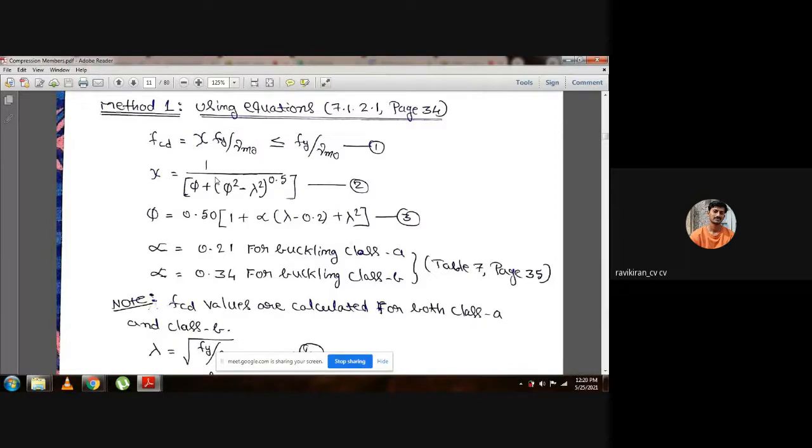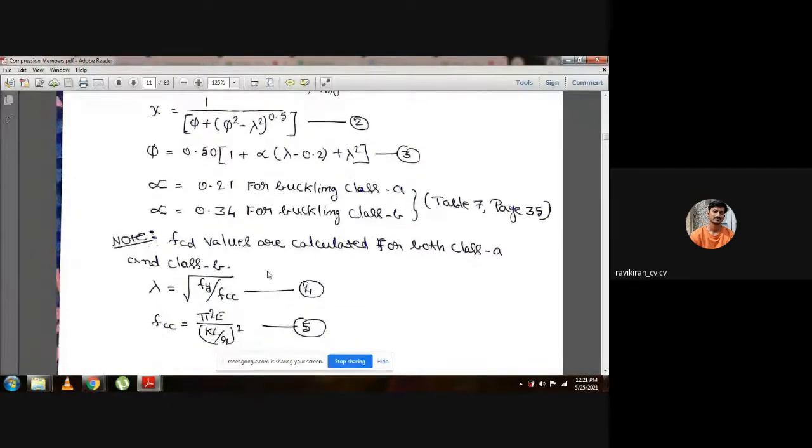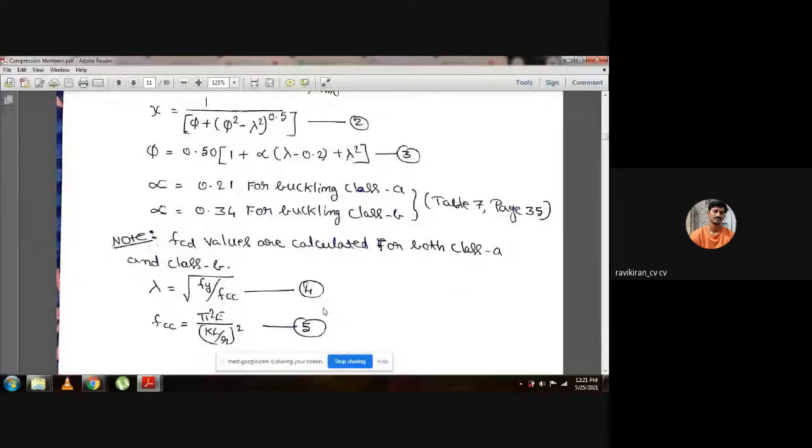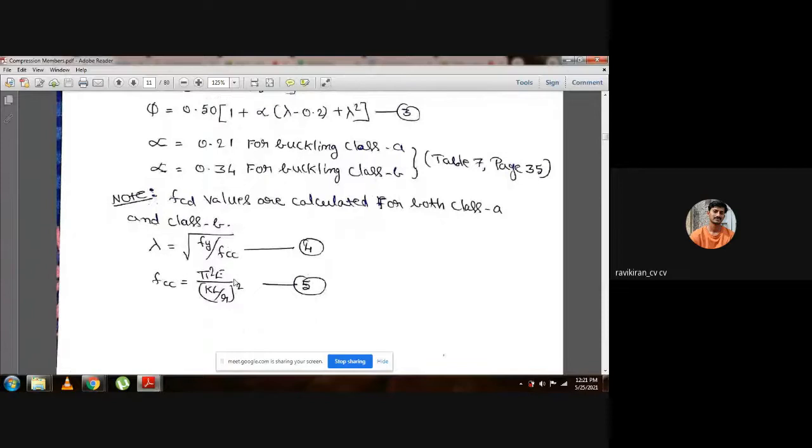So alpha will be 0.21 for buckling class A and 0.34 for buckling class B. Same way, FCD values are calculated for both class A and class B. Based on this, lambda is equal to square root of Fy by FCC. FCC is again calculated using pi square E by KL by R.